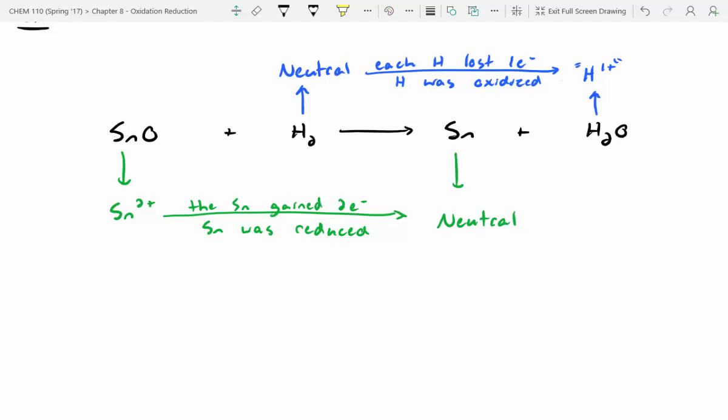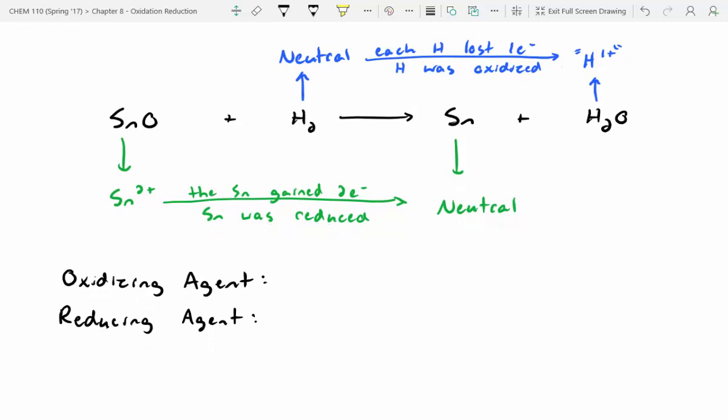All right, now the tricky part. Let's identify the oxidizing agent and the reducing agent. What do you think the oxidizing agent was for this one? Ooh.